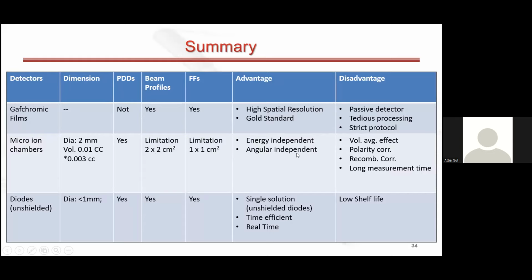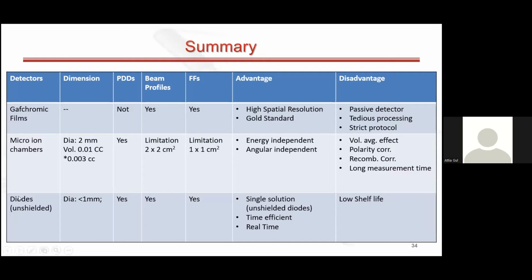We can use them in axial as well as radial orientation. But their disadvantage is that they show some volume averaging effect. They need to be corrected for polarity and recombination, and due to measurement of polarity correction and recombination correction, it requires long measurement time.